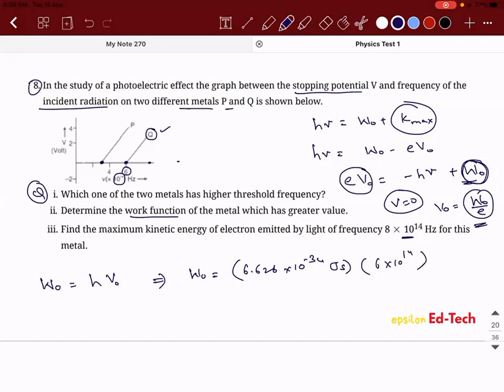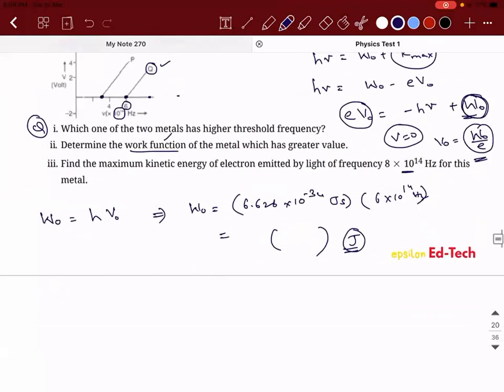When you multiply these two, you will get an answer in terms of joule. Generally, work function we don't report in joule. We always convert it to electron volt. So whatever answer you got, divide it by 1.6 into 10 power minus 19, and that will be written as electron volt.